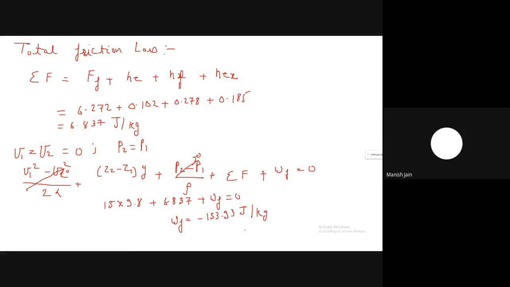For that, power requirement should be equal to the specific energy requirement multiplied by mass flow rate.